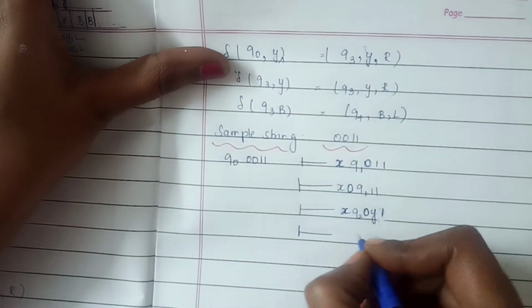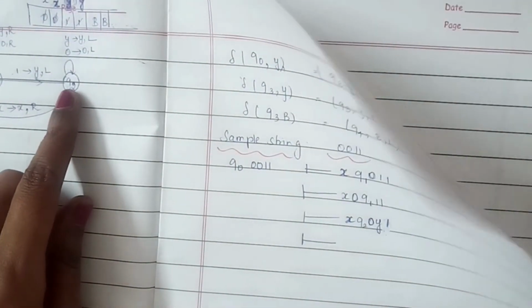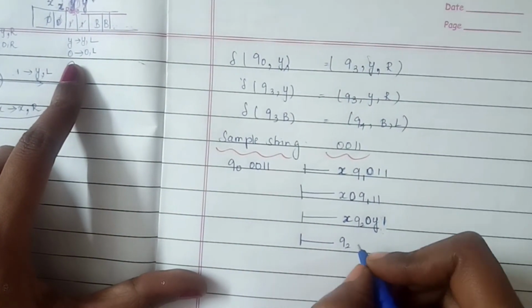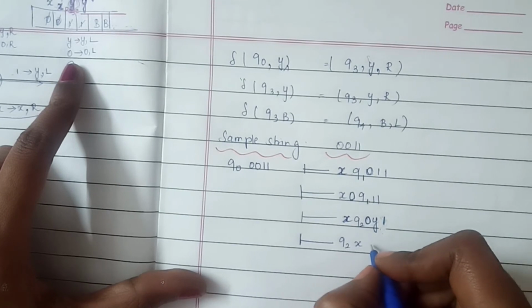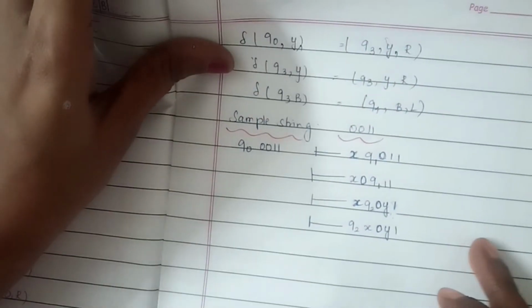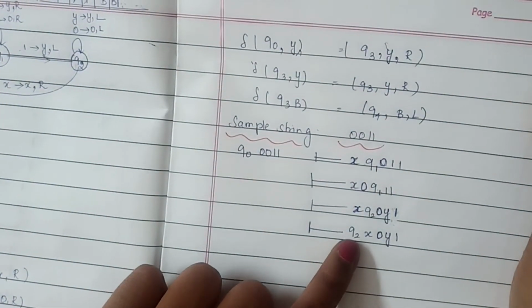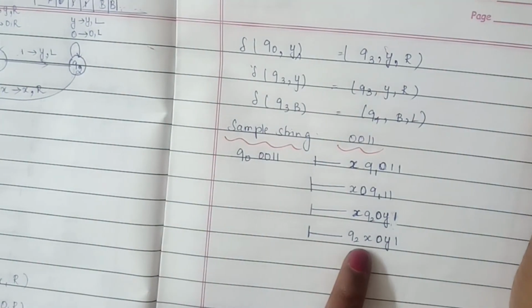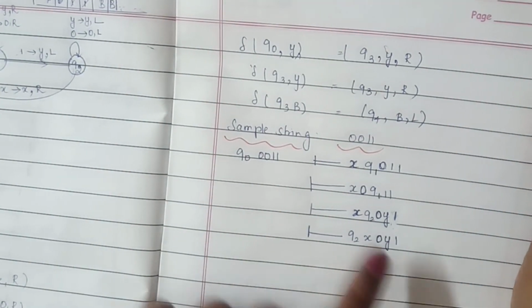After that we'll have Q2 on 0. When you see Q2 on 0, it is again leftwards. So Q2 X 0 Y 1.